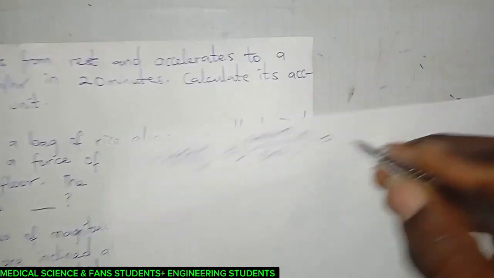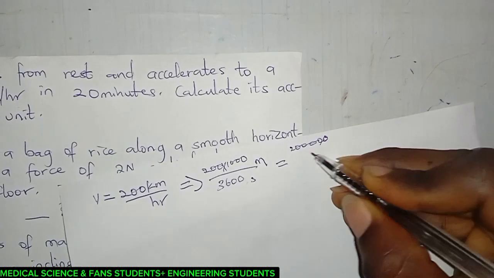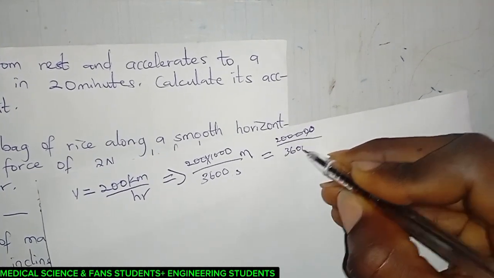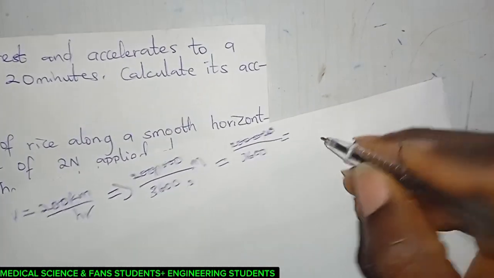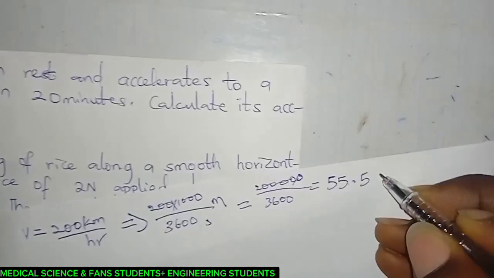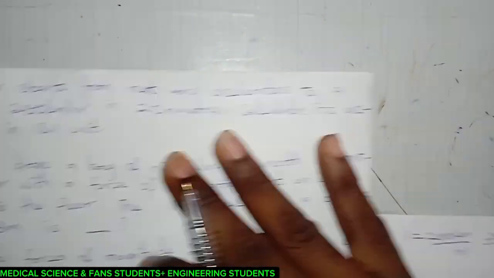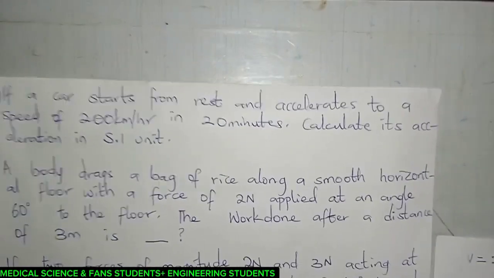So if you do this, you have 200,000 over 3,600, which will give you 5.56 meters per second. Alright, they said it happened in 20 minutes.